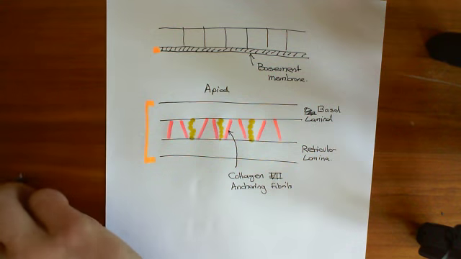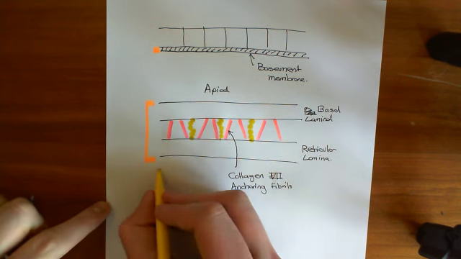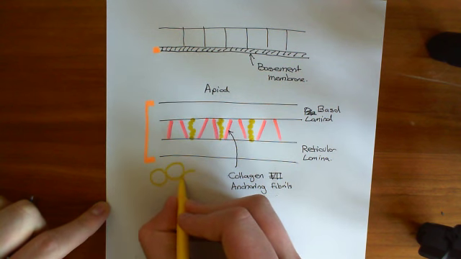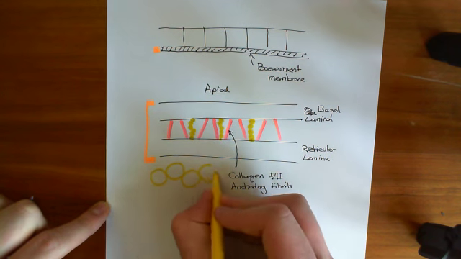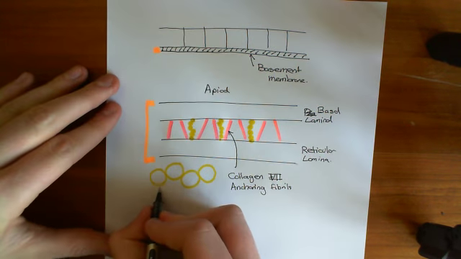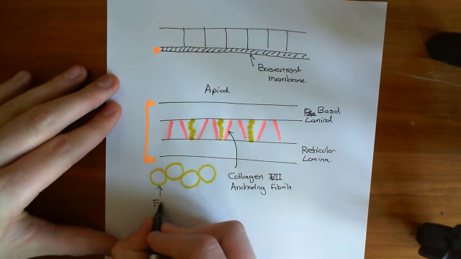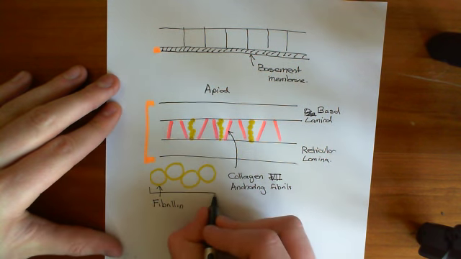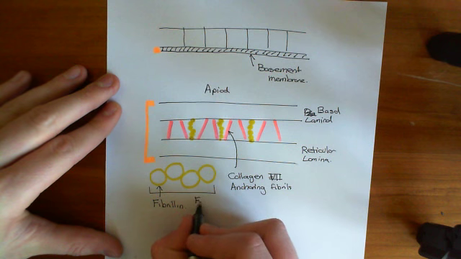So we have one fibrillin molecule there, you add it onto another fibrillin molecule, you add it onto another fibrillin molecule, etc. And that creates you a fibrillin microfibril. So one of these molecules is called fibrillin, and when they're together like this, it's called a fibrillin microfibril.